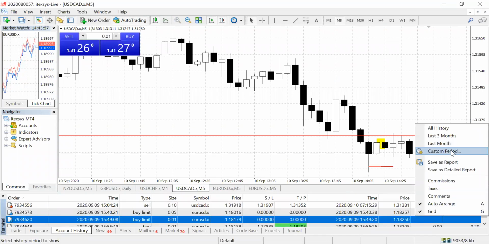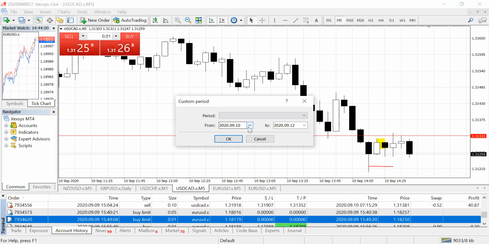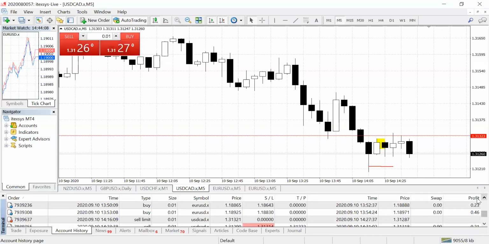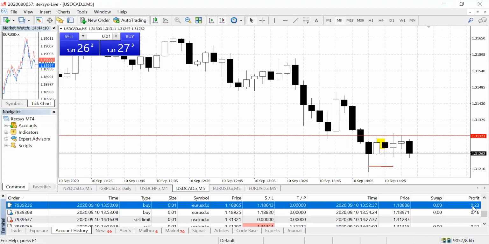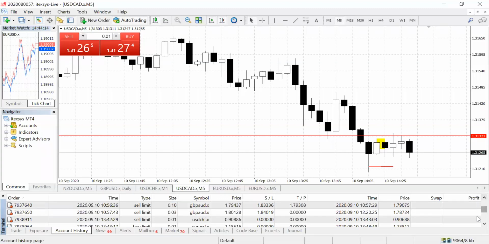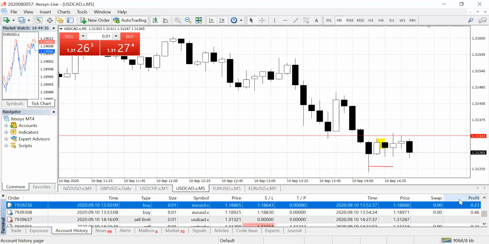Let's go just to the trades from right now. This is today, the 10th. Look at the profits, correct?